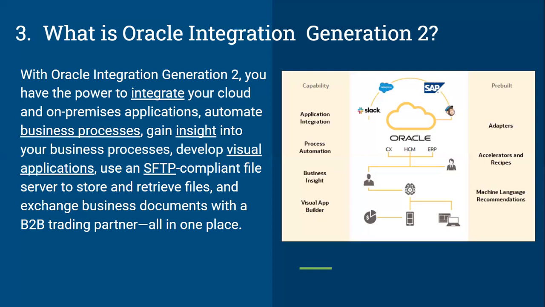For that, we need a web page. We have a feature in OIC called Visual Builder, where we can build a web page. So let's say we have a web page developed with Visual Builder. There I have entered all my details and submitted.